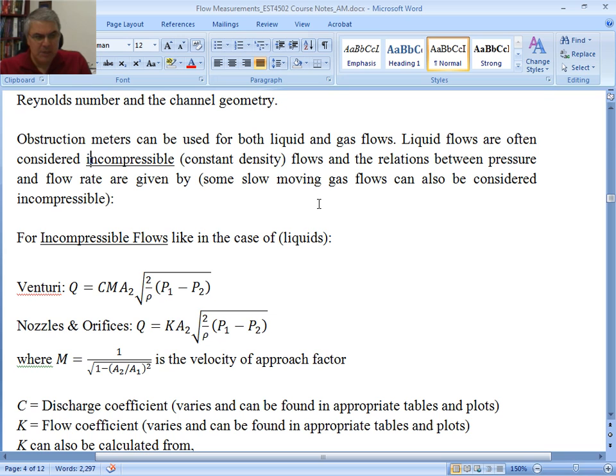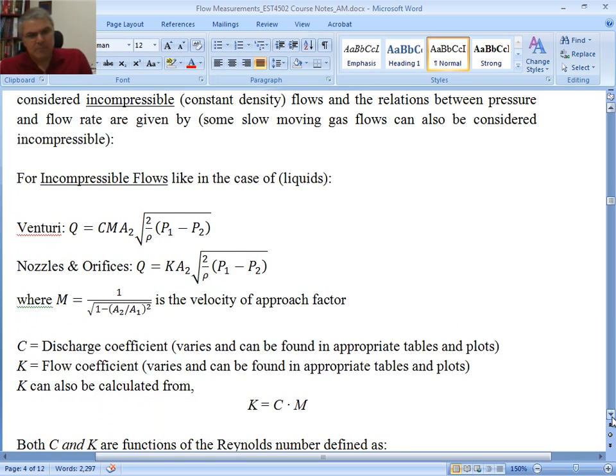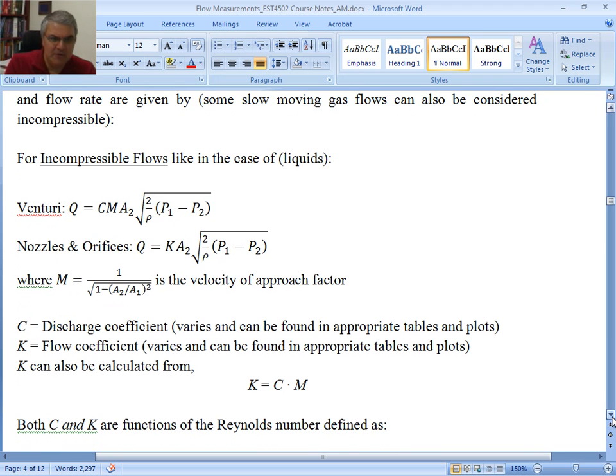They're hydraulic actuators, and they're used in many, many different applications, the cranes, lifts, what have you, mostly mechanical systems. So if the flow is incompressible, in case of liquid, then for different types of obstruction meter devices, we would have different equations. But in all these equations, certain parameters would be different.